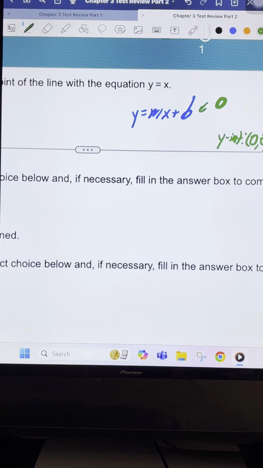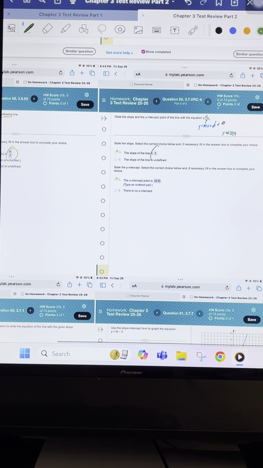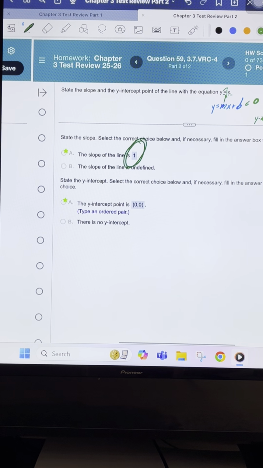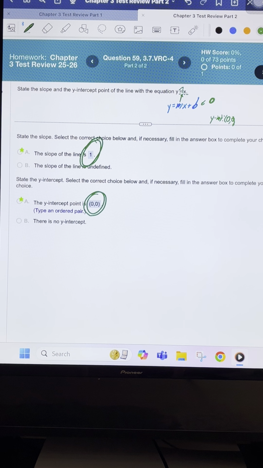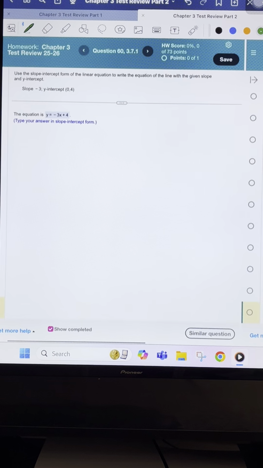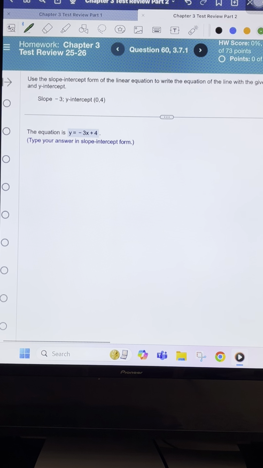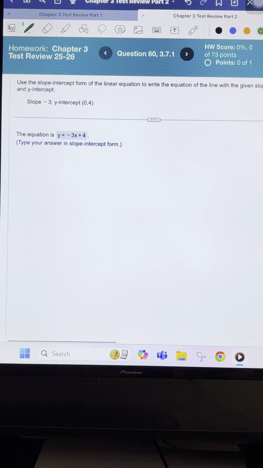And if it's 0, then that means that the y-intercept is 0, 0. Okay? And the slope, I do have a slope. It's right here. It's just invisible. It's a 1, because next to the coefficient of every variable is just 1. So my slope is 1, and my y-intercept point is 0, 0. Okay?